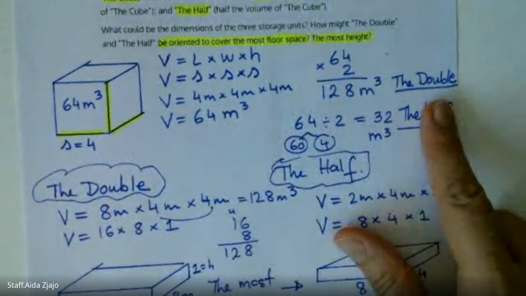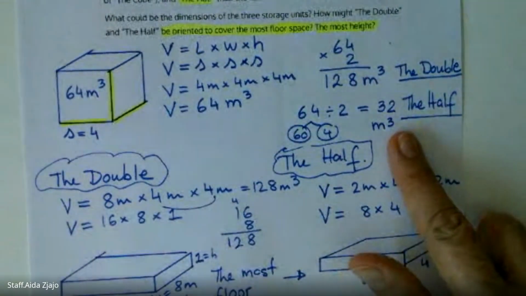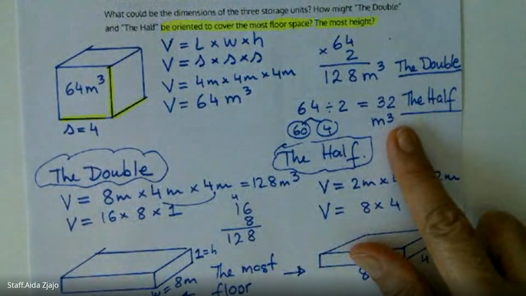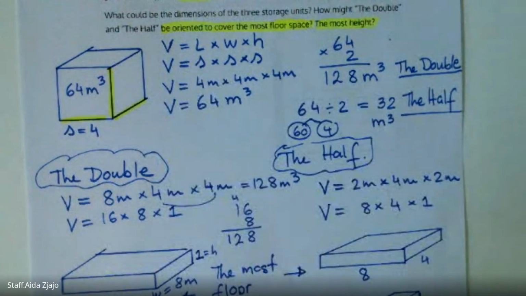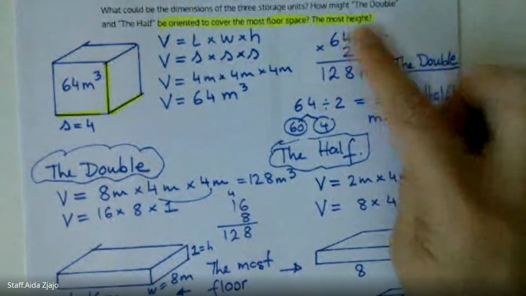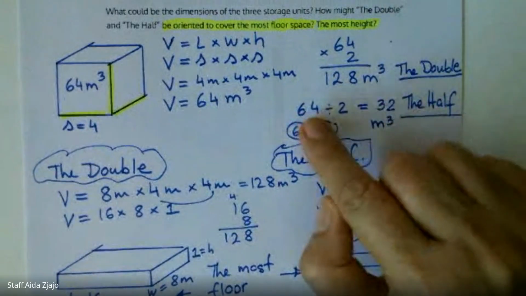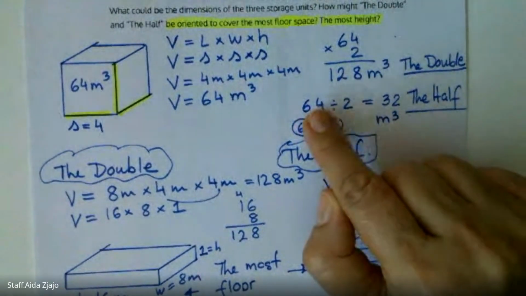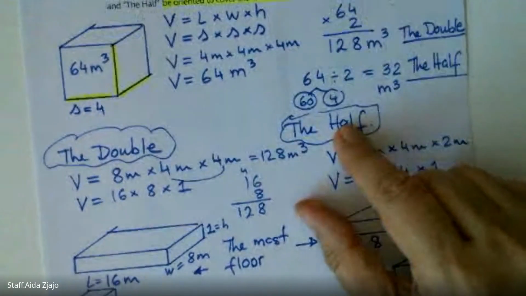Then they also gave the double option and half option. So we learned that if we want a double, we need to multiply one factor by 2, or twice the volume. And if we want a half of volume, we need to divide the original volume by 2, and we're going to get half.